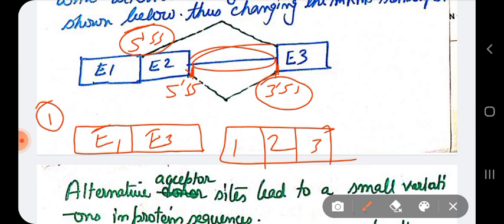So this is another form of alternative splicing where you can see that the exons have an alternative 5 prime splice site, also called the donor site, so that they can bind in an alternative way to the 3 prime splice site of exon number 3 as shown here, thus changing the whole mRNA transcript.